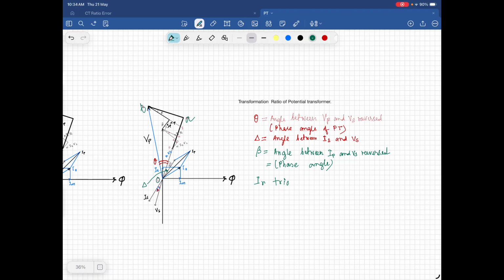Now in triangle OAB, OA is equal to OB cos theta. Now OB is equal to Vp, the primary voltage. If you see, OA we can divide into 5 segments.